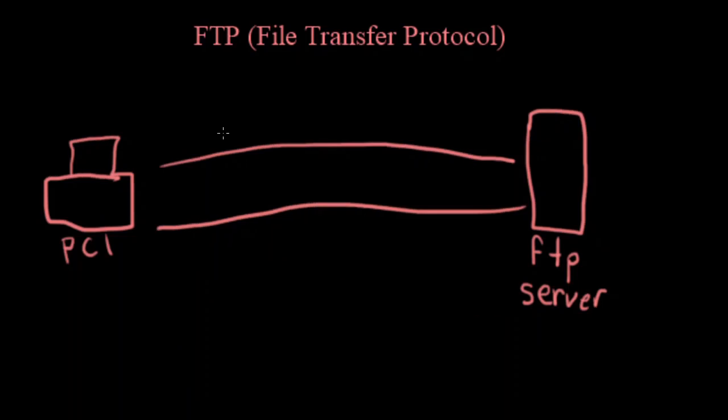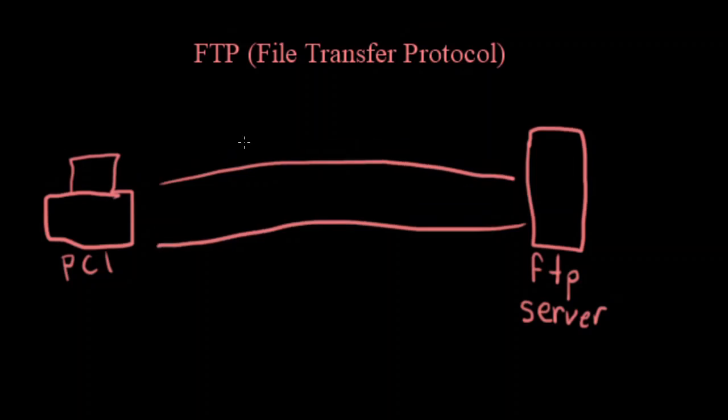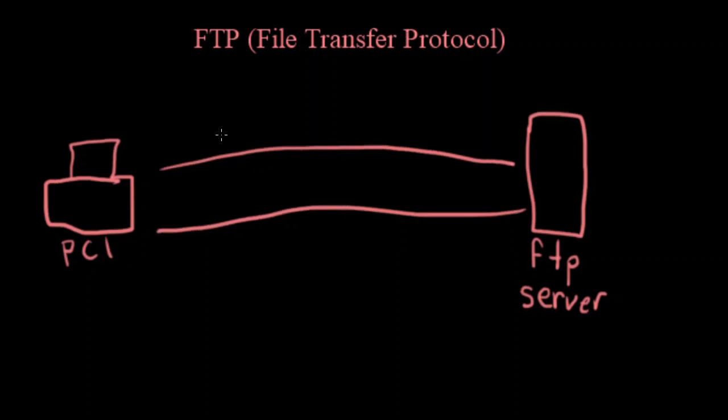When you make a connection to the FTP server, it actually makes two connections. The first one is the command port. When you make this connection, it actually uses port 21.